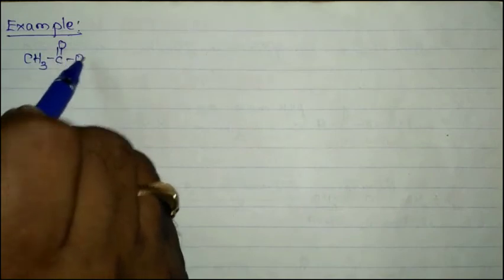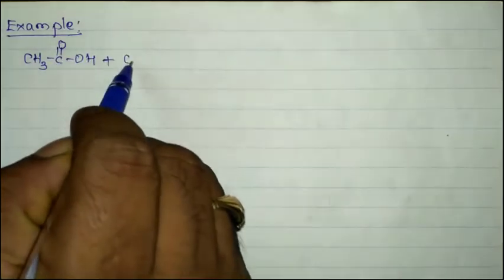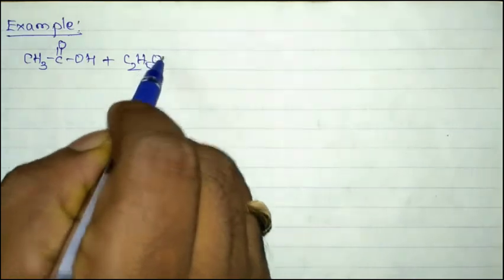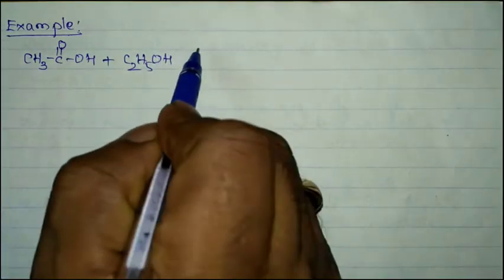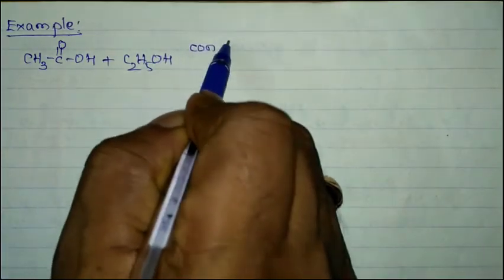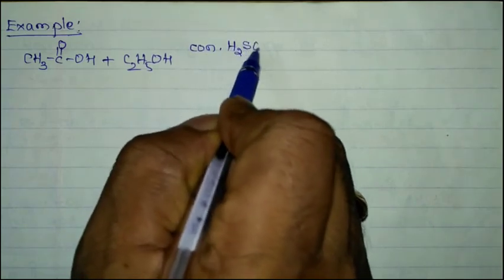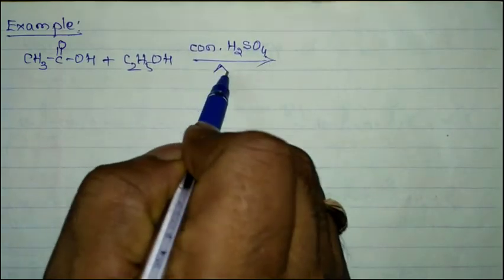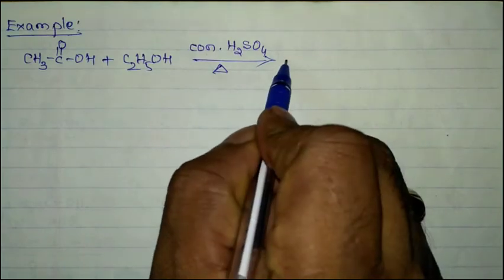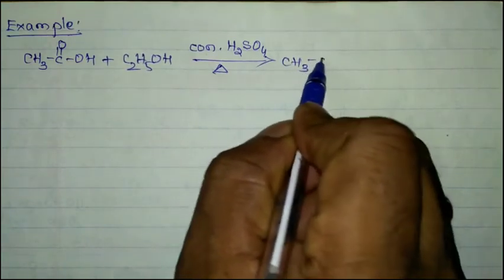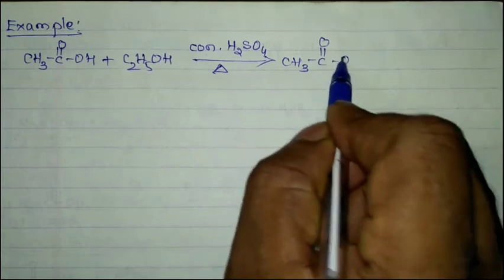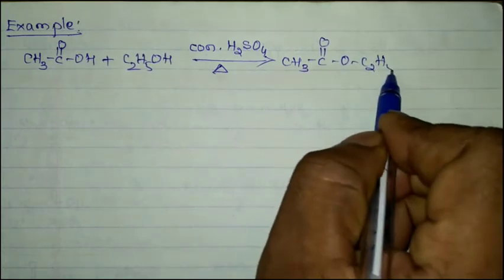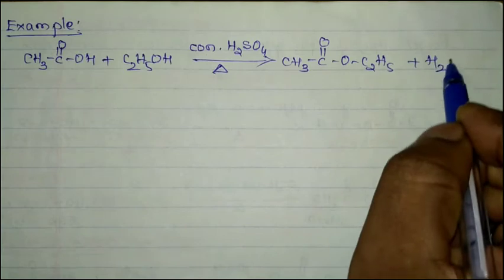When acetic acid, CH3COOH, is heated with ethyl alcohol in the presence of dehydrating agents such as concentrated sulfuric acid, you are going to get the ester, ethyl acetate, CH3COOC2H5, plus a molecule of water.